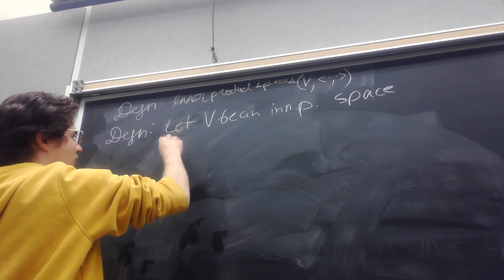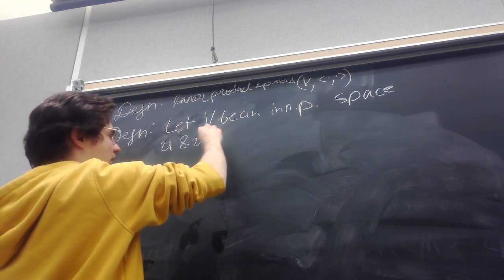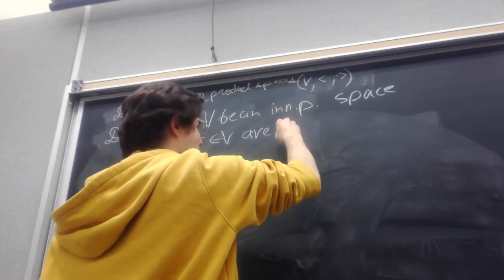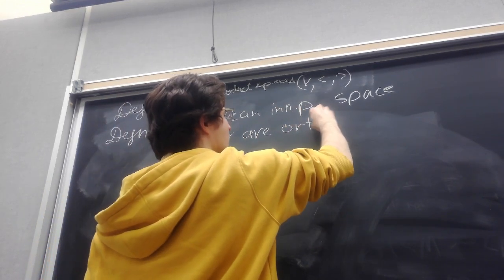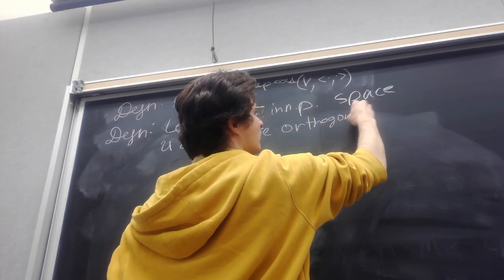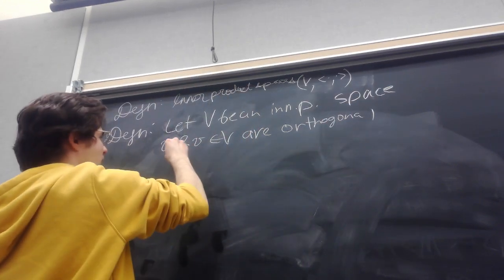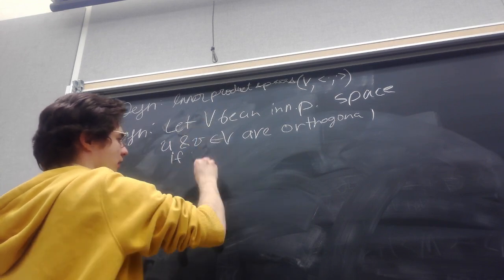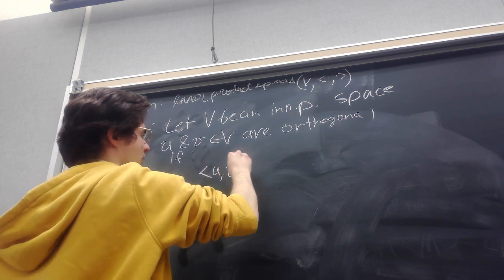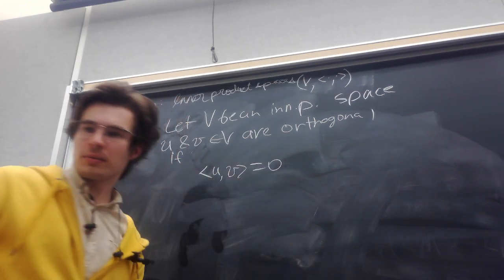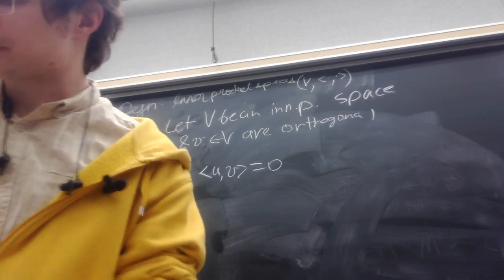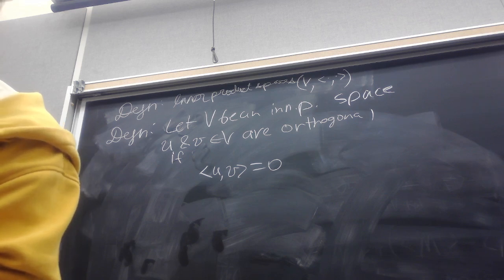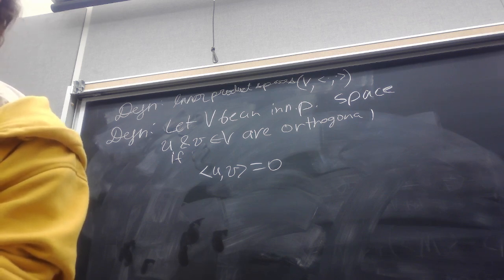Then vectors U and V are orthogonal if U inner product V is equal to 0, right? So this was how we defined two vectors to be orthogonal.